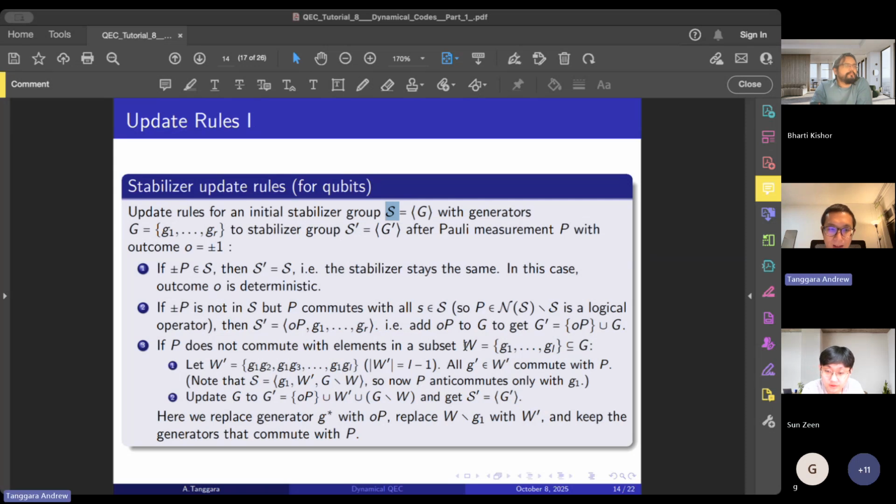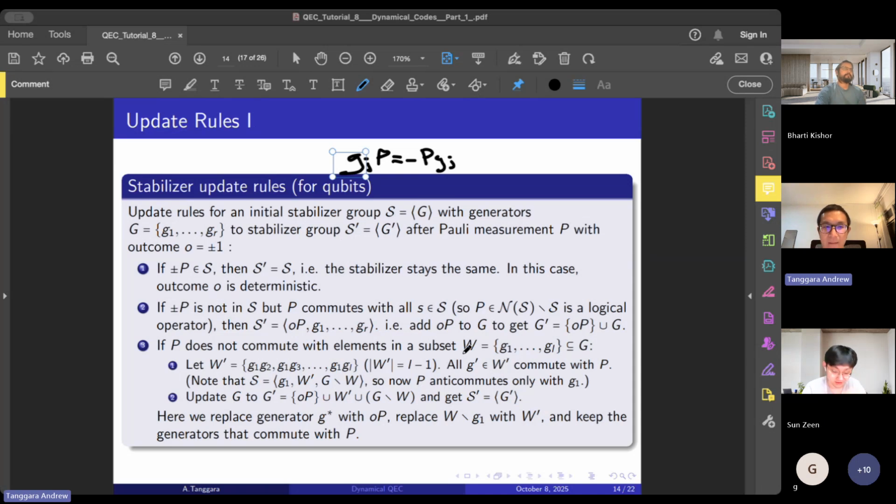So P anti-commutes with each of these G1 through GL, right? Yes. So the whole group W just anti-commutes with P. Okay.